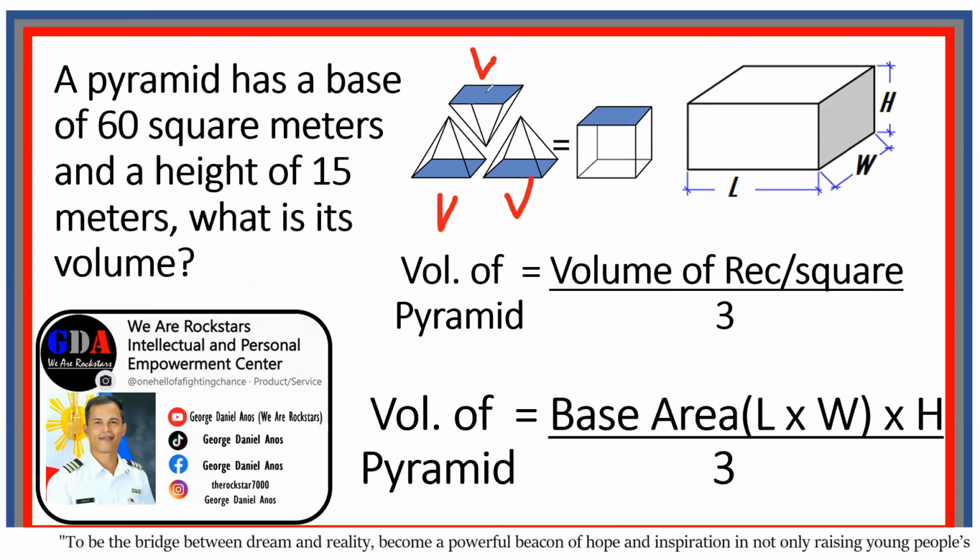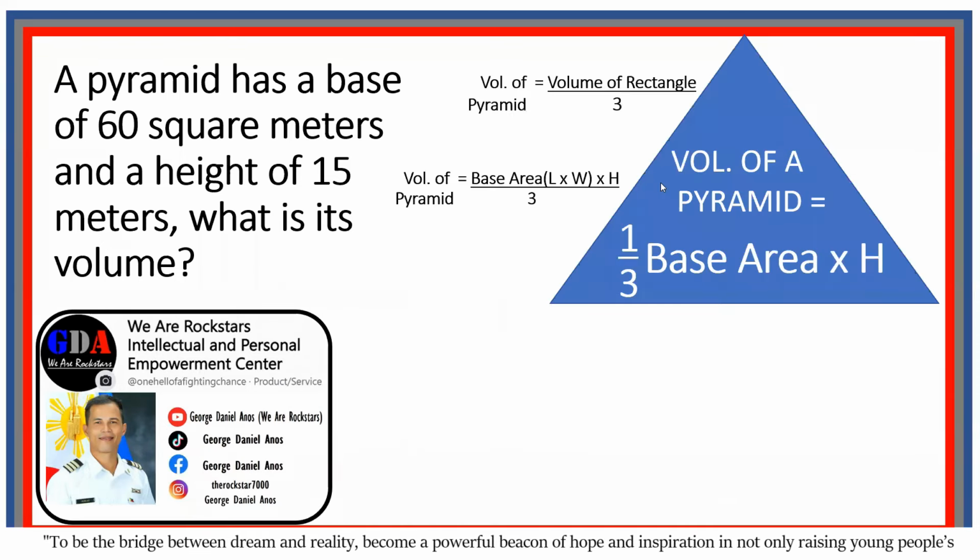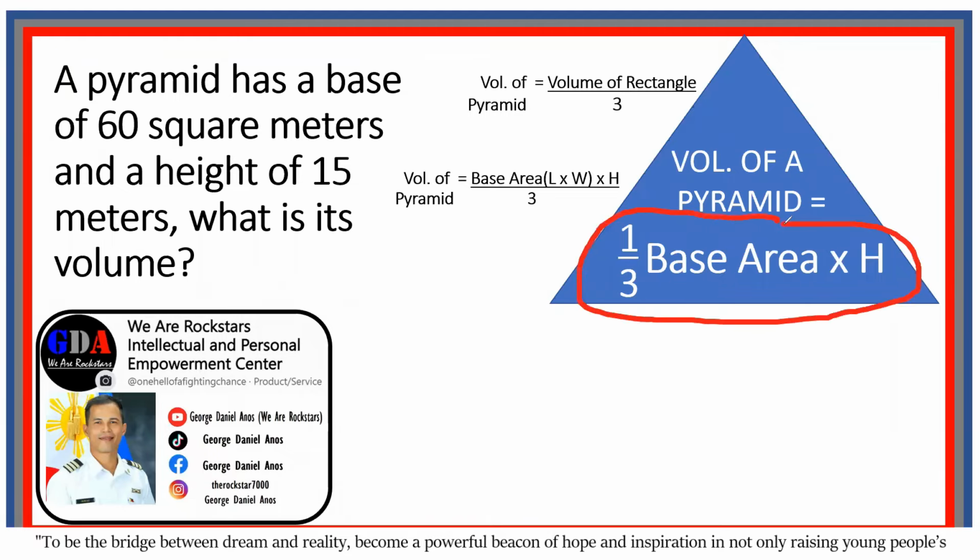All their volumes are the same all throughout. And now that I have shown you how to easily recall this particular formula by visualizing in your mind the rectangular prism or the square prism and the pyramids, we can now proceed and solve the problem.